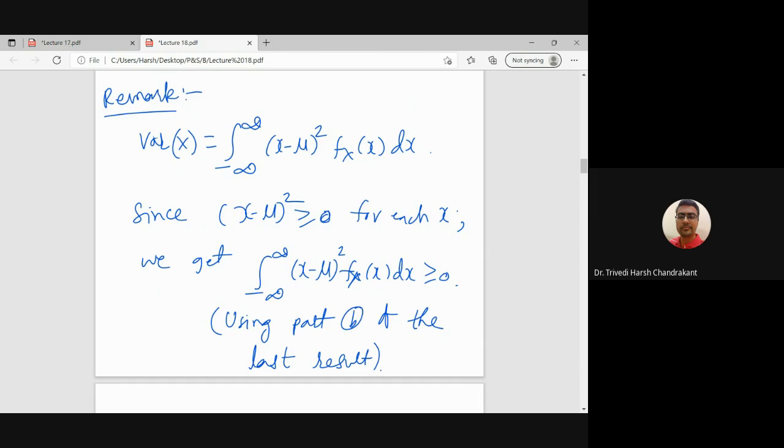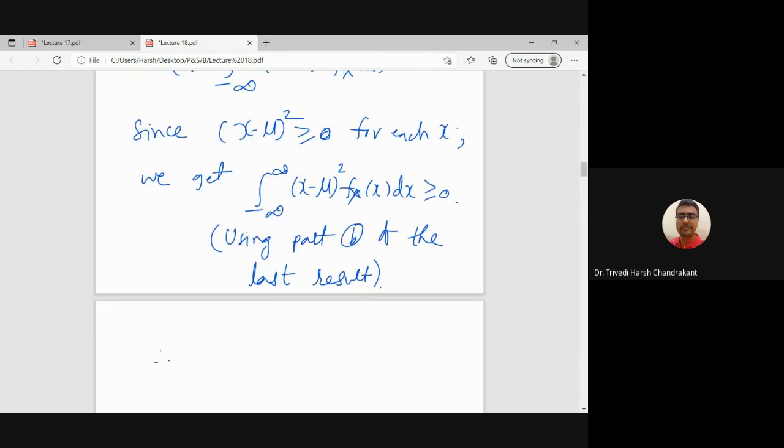So what did we prove? We proved that the variance of x is non-negative. Since it is a non-negative number, we can take its square root. That is the standard deviation, the positive square root of the variance.